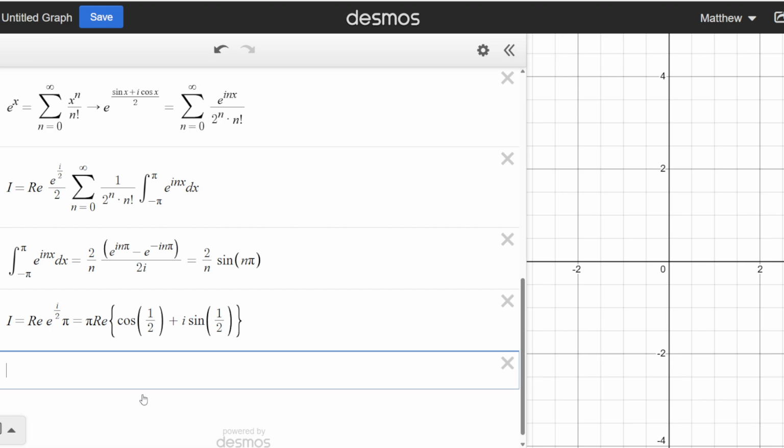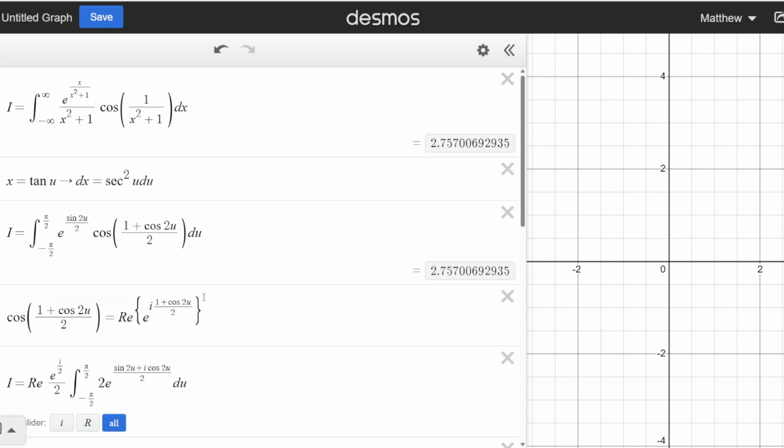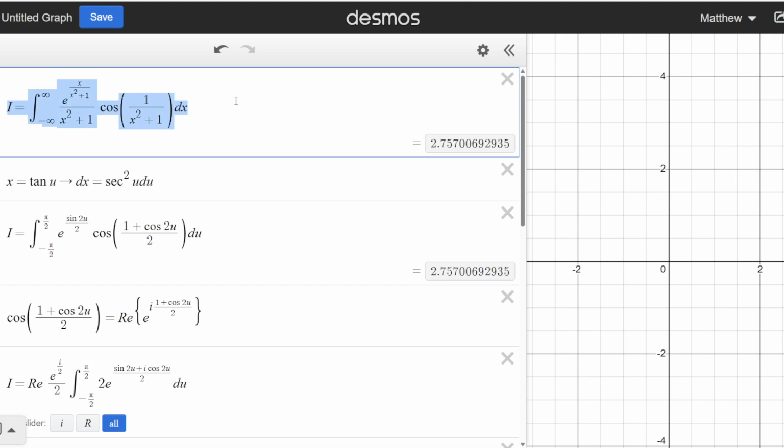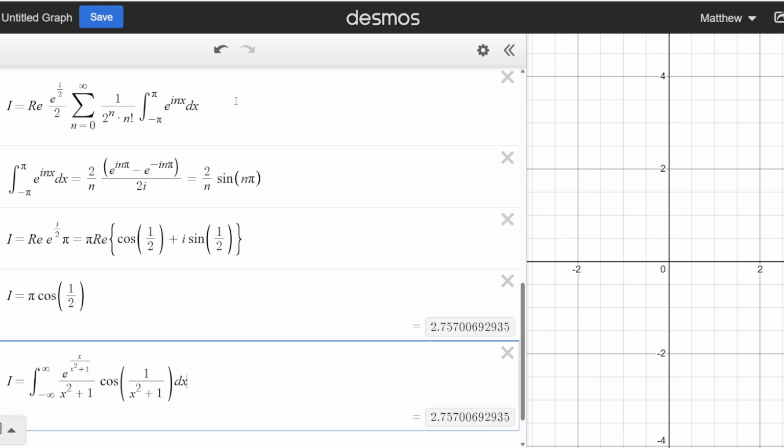That means I is equal to pi times the cosine of 1/2. And let's verify that. What was our integral? It was this. And that is the correct answer. All right, guys, I hope you enjoyed that journey, and we will see you next time.